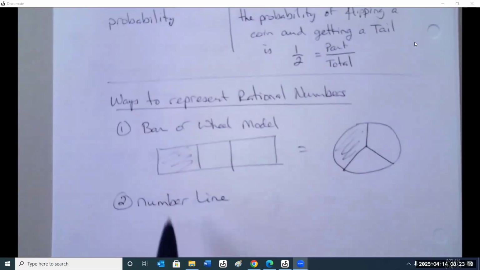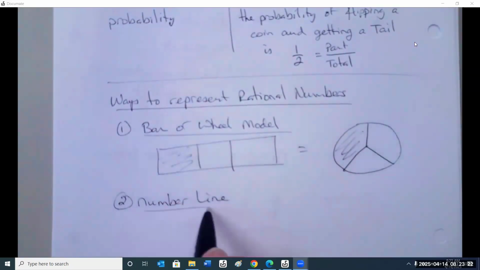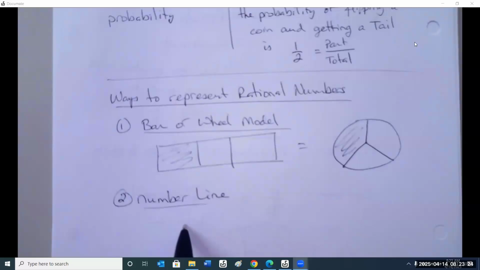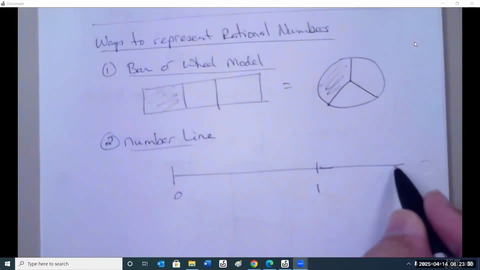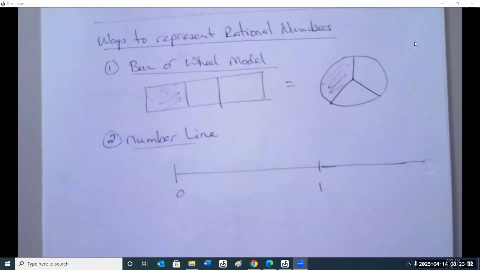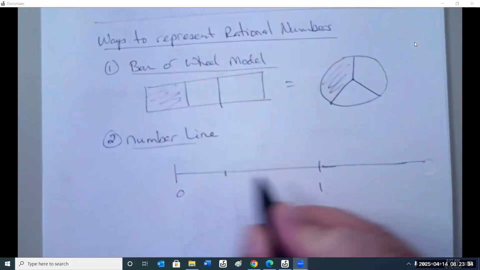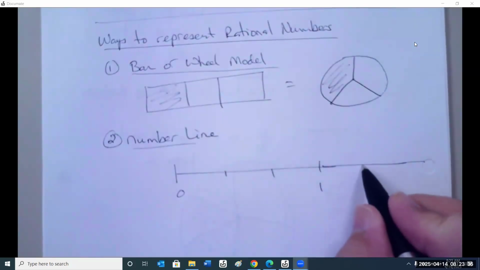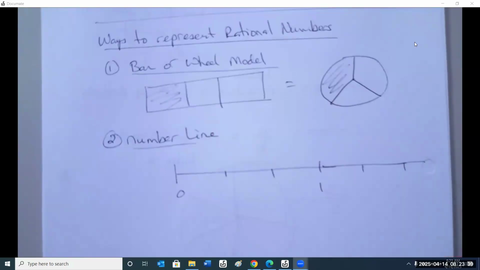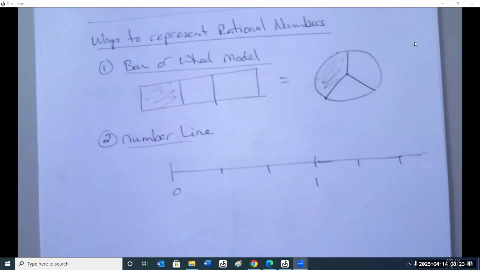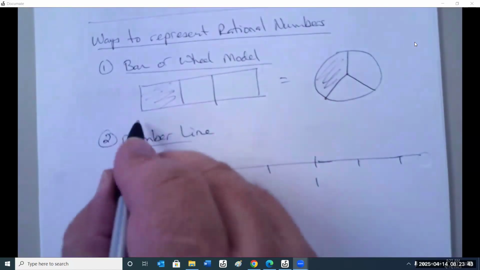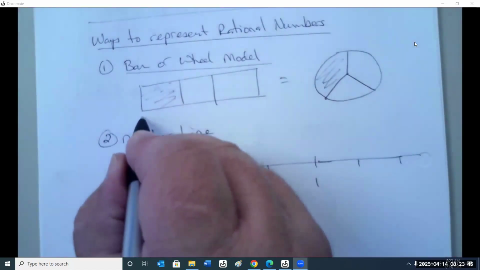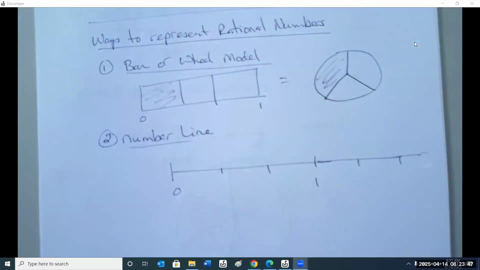Number line. So if we use a bar, this could be 0 and this could be 1.